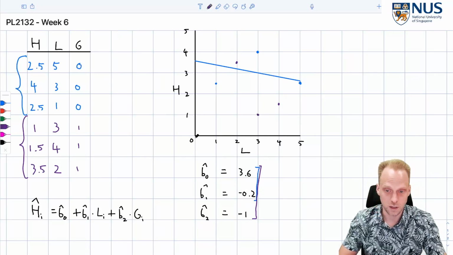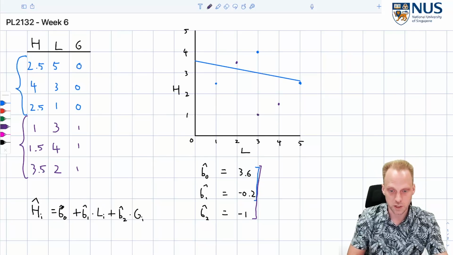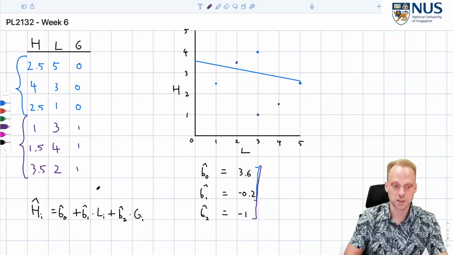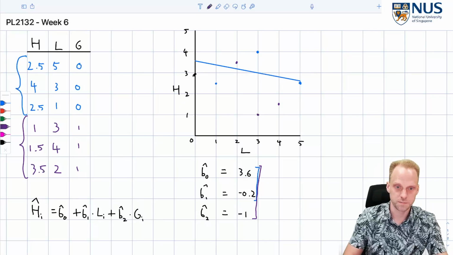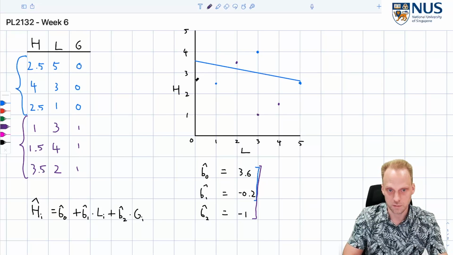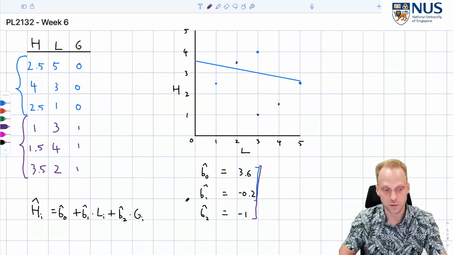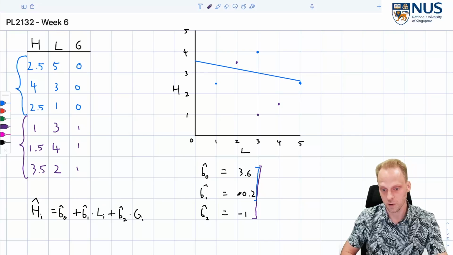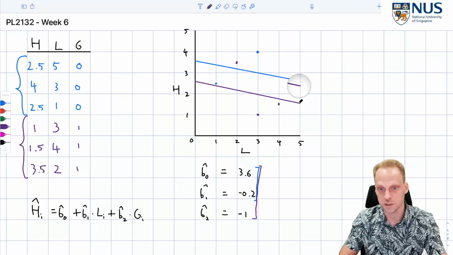When the loneliness is 0 in the model for the cats, we get 3.6 plus, well, this is 0, so that doesn't matter, 3.6 plus minus 1 times 1, we get 2.6. That would be about here. And then for every 1 unit increase in loneliness, it's just this one parameter here, minus 0.2. So we get 2.6, and the line goes like this.